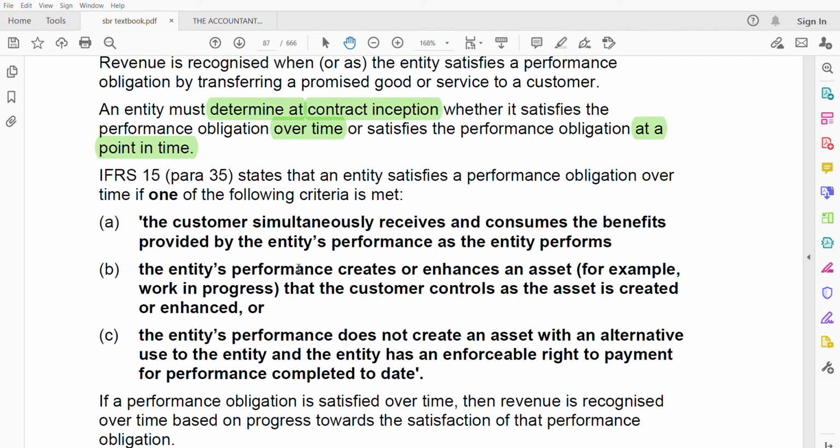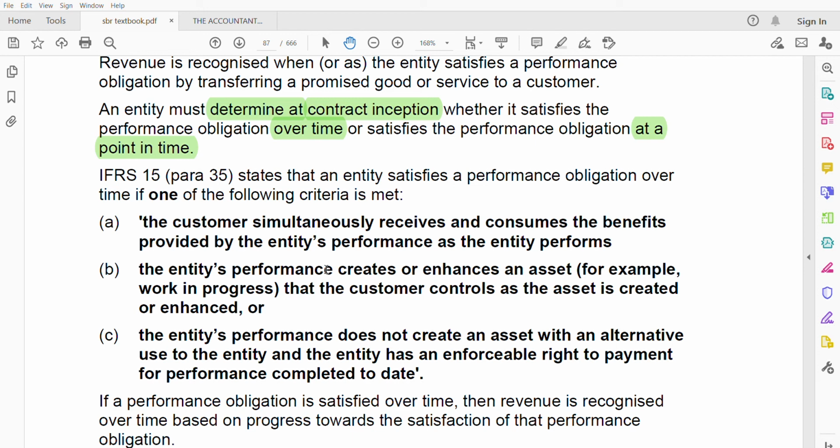Like technical support, you can keep one example in your mind and read the sentences. Entity's performance does not create an asset with an alternative use to the entity, and the entity has an enforceable right to payment for performance completed to date. Entity will be receiving a payment for that technical support, right?